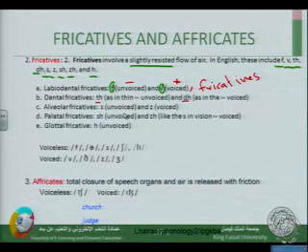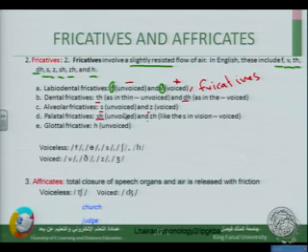Do it by yourself. The alveolar fricatives, like S and Z: which one is voiced and which one is voiceless? The palatal fricatives, all of these are fricatives because there is a slightly resisted flow of air.